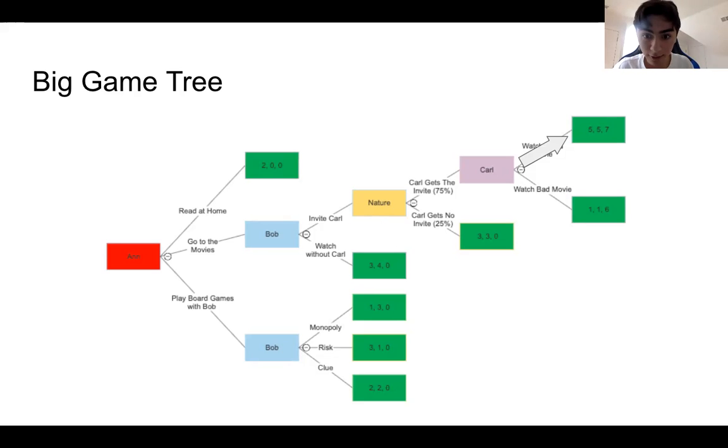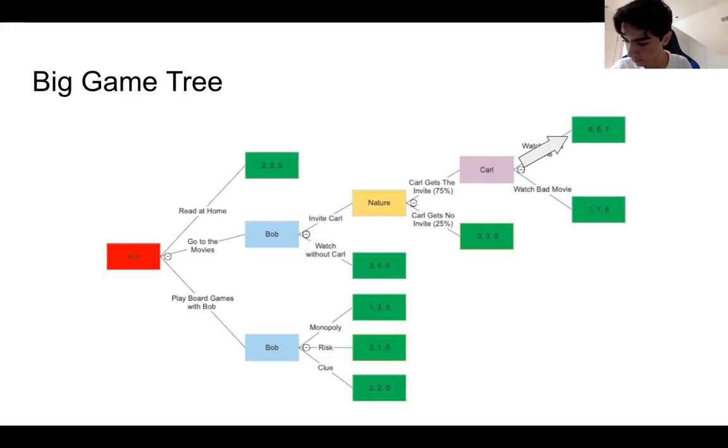So with a 1/4 chance, 0.25, 25% chance, Carl will not get the invitation. So the payoff there for Bob will be 3, right? And then to that we add 75%, 0.75, times the payoff of when Carl does get invited, which is in this case, because when Carl gets invited, he chooses to watch the good movie, 5. So it's 1/4 times 3 plus 3/4 times 5.